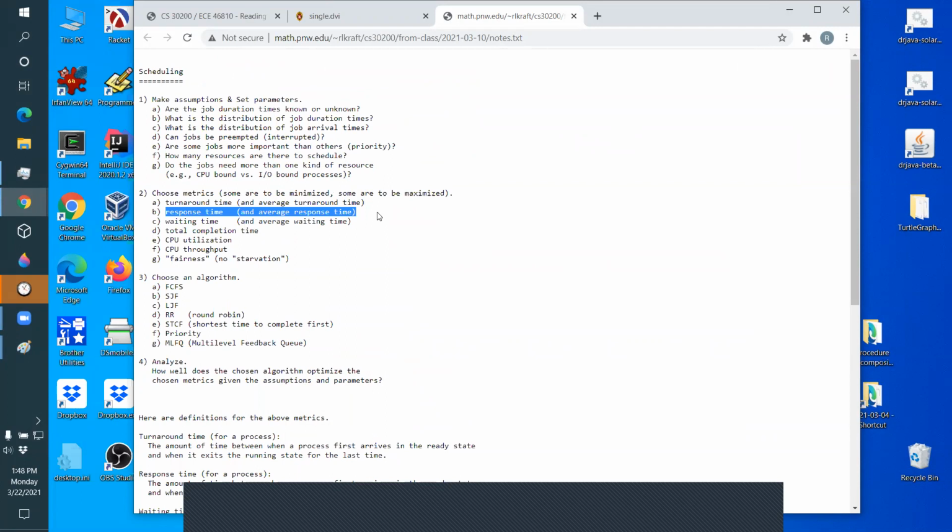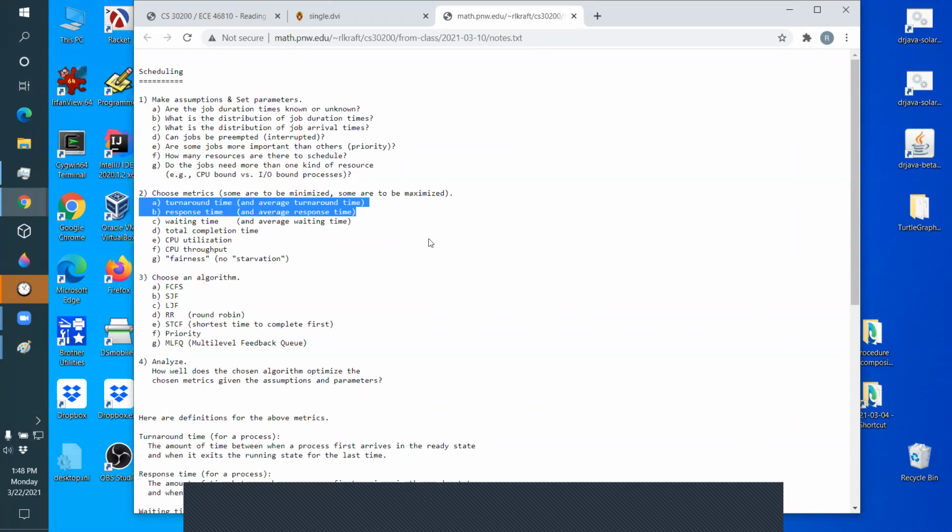We'll see that there's an algorithm that optimizes response time, but it'll do badly for turnaround time. There's a tension between these two things. You cannot get good turnaround time and good response time.